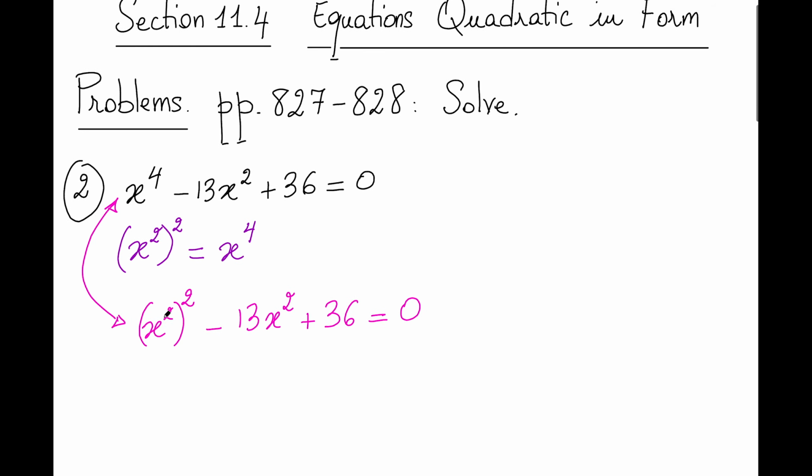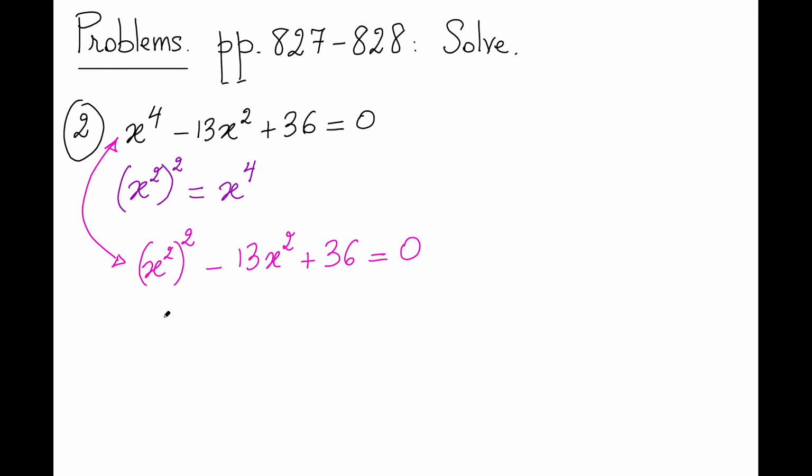Now, you see this variable here, x squared? That's the same guy as this. So how about we introduce a new letter for x squared? How about y? Let y be x squared.